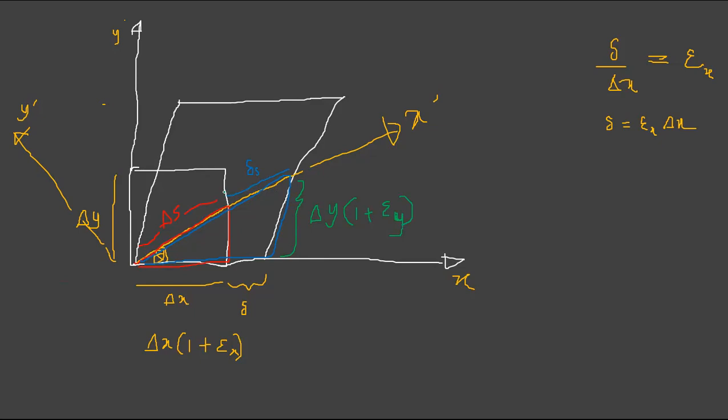And you can write the total length delta S, 1 plus epsilon S, right? So you can take this triangle and use the cos rule.